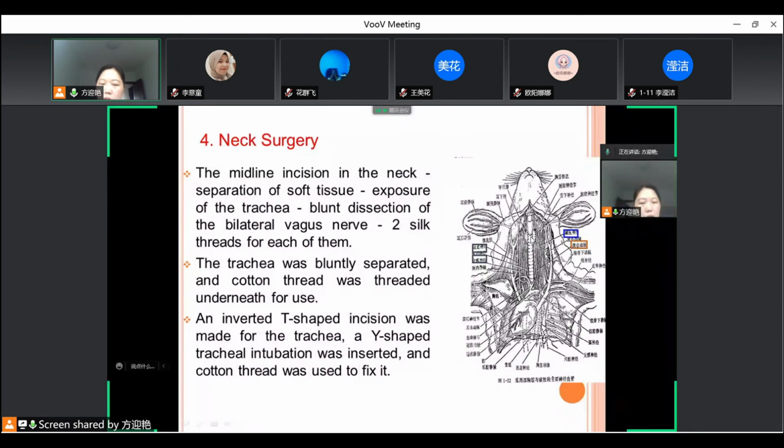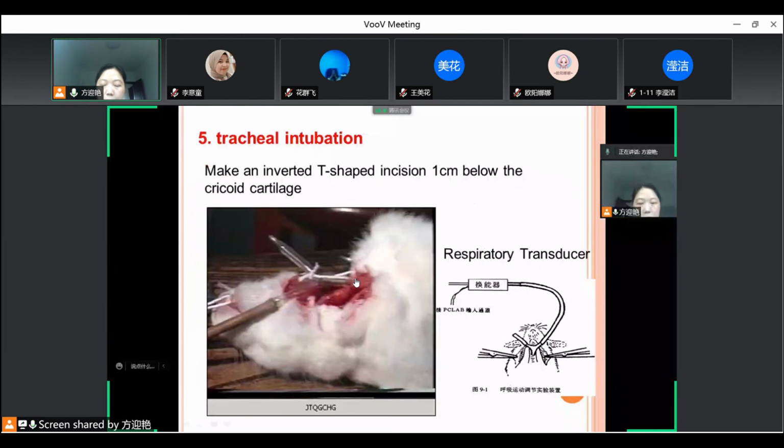And also we should cut under the bone. We can see, about the third and above the fourth, we cut the trachea with an inverted T-shaped incision, below the cricoid cartilage, and there we cut.